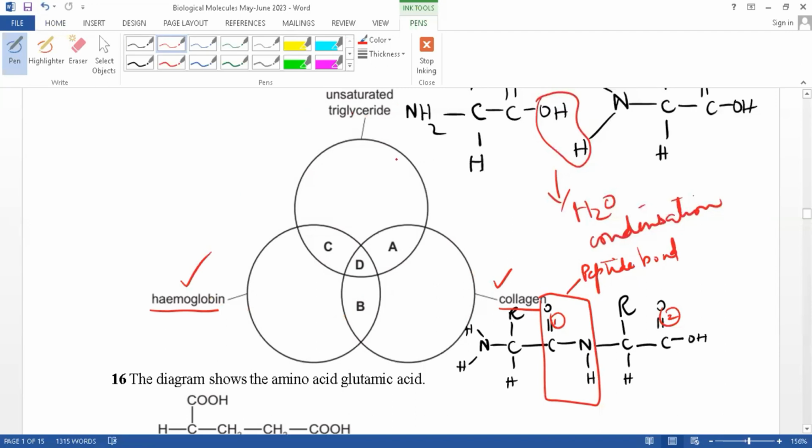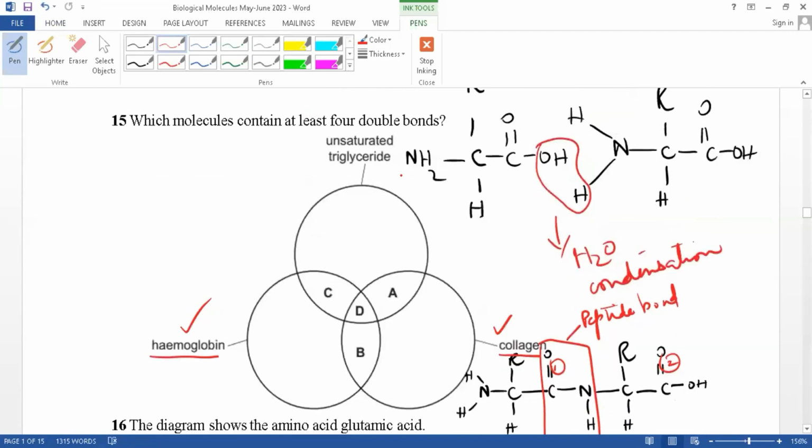If we talk about unsaturated triglyceride, it can be a monounsaturated triglyceride.